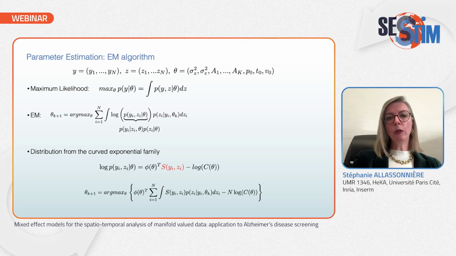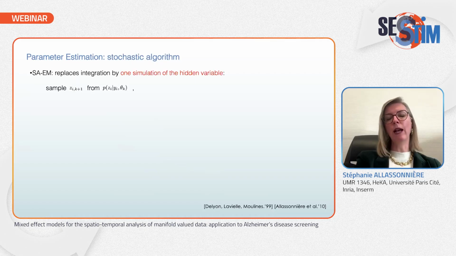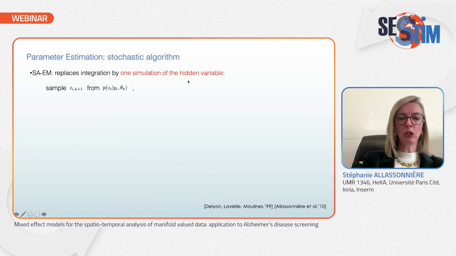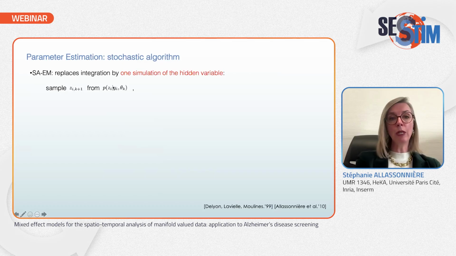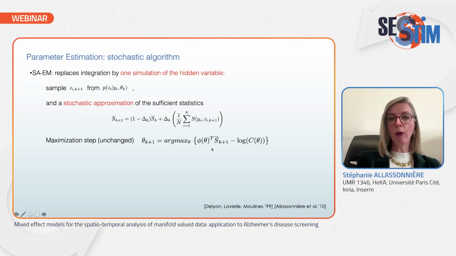Unfortunately, we're not able to compute the conditional distribution, so we're going to use sampling. So the stochastic version of this algorithm, which is called stochastic approximation EM. So instead of computing this probability distribution, you just sample from it and use a stochastic approximation of the sufficient statistic that you plug here into the argmax.